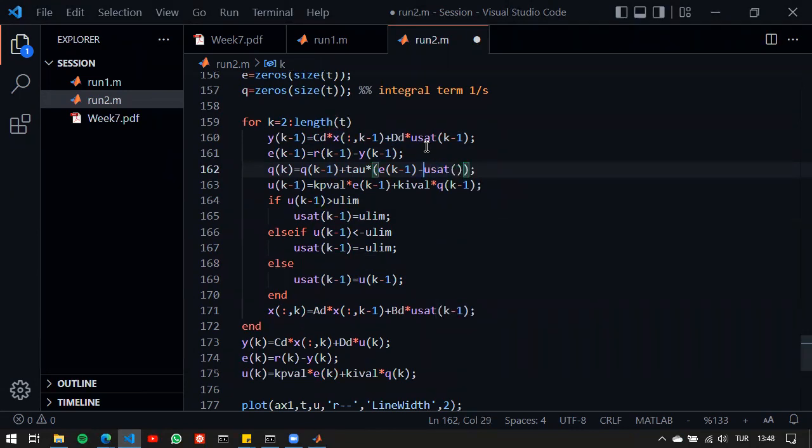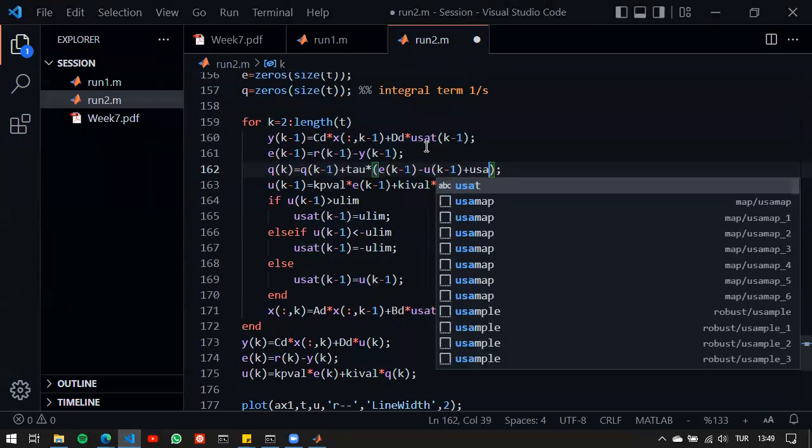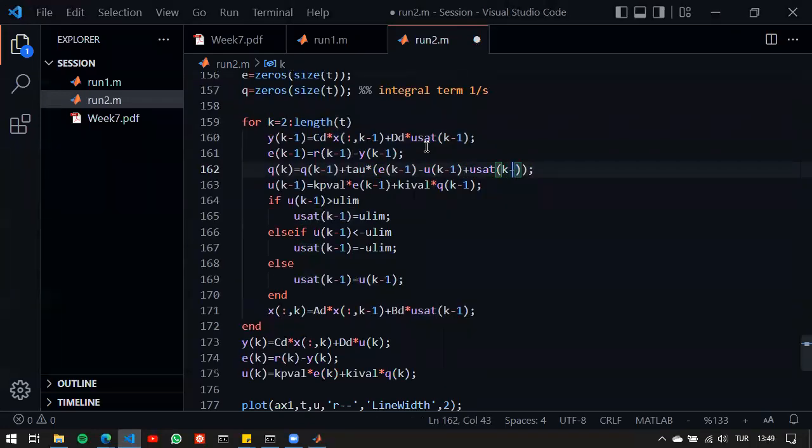Namely, we are taking away the control signal part, K minus 1, but we are adding the saturation part. So we try to compensate for the fact that we have a certain saturation element. And we try to do that by telling that I gave you too much of a sum.